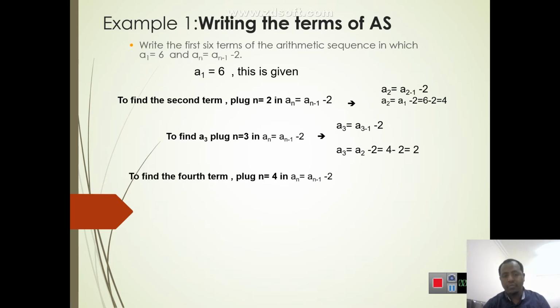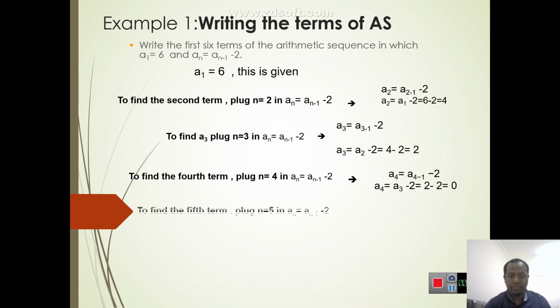We'll continue to find the fourth term. We plug 4 in for n, and you get a sub 4 is equal to a sub 3 minus 2, which is 2 minus 2, which is 0. Then to find the fifth term, you do the same thing: plug 5 in for n in the recursive formula, and you get 0 minus 2, which is negative 2.